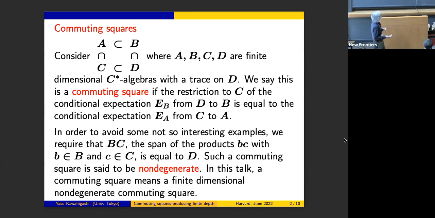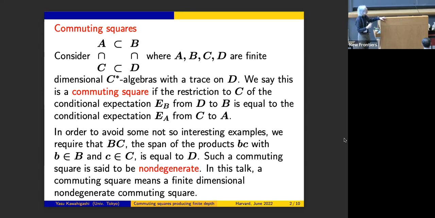We say this is a commuting square if we have a trace, so we have a conditional expectation from, say, D to B or C to A. If we look at the conditional expectation from D to B, from the bottom right to the upper right, we restrict this conditional expectation from D to B to C, the left corner algebra. Then we should get the conditional expectation from C to A.